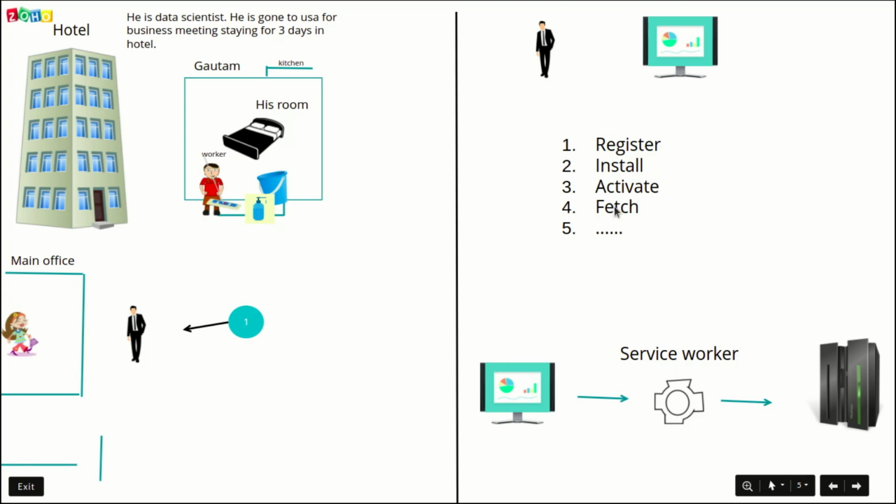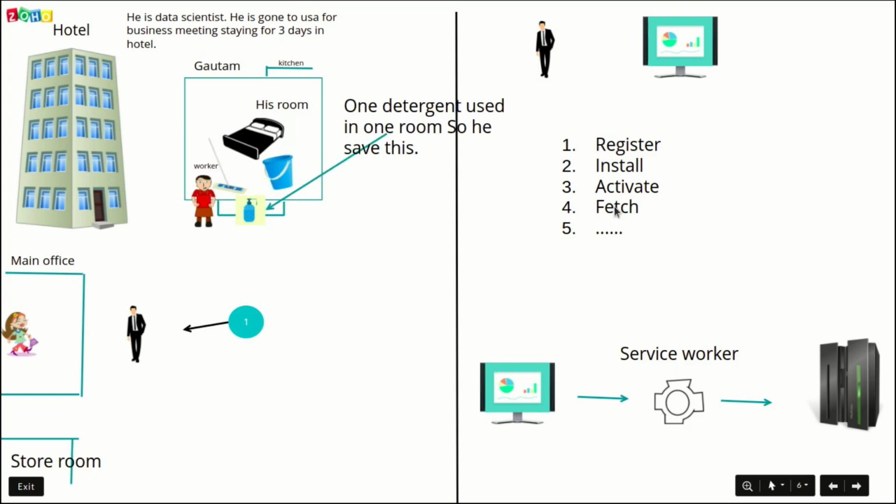In this scenario, suppose he has detergent or any type of cleaning product; he puts it in an empty room or the basement of the hotel, or you can imagine he puts all the cleaning tools in the basement of Gautam's room. Gautam is a data scientist, and he comes from the USA. He is staying in the USA. Okay, he puts all the cleaning tools in Gautam's room.